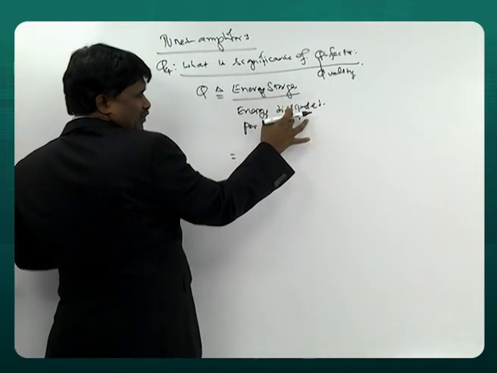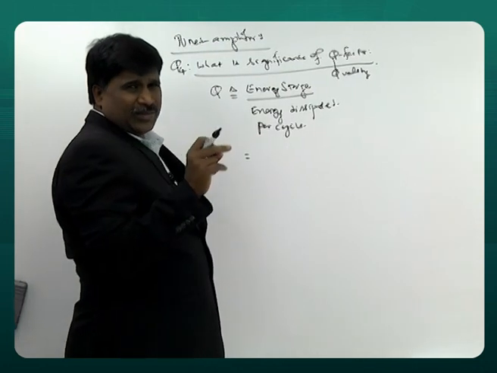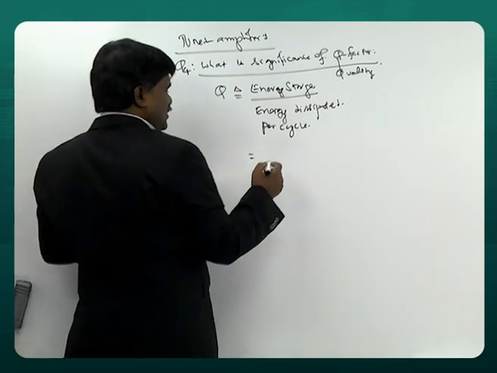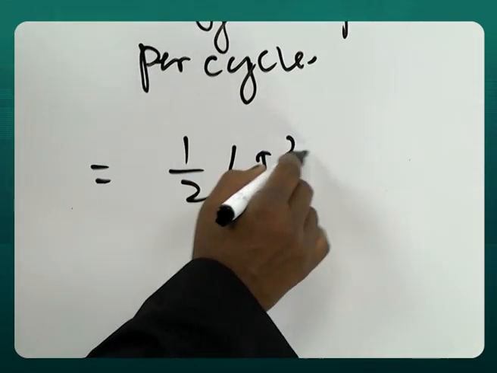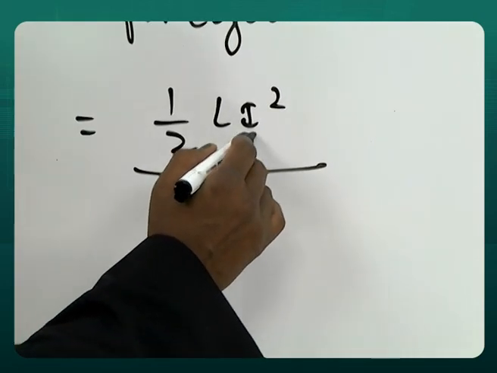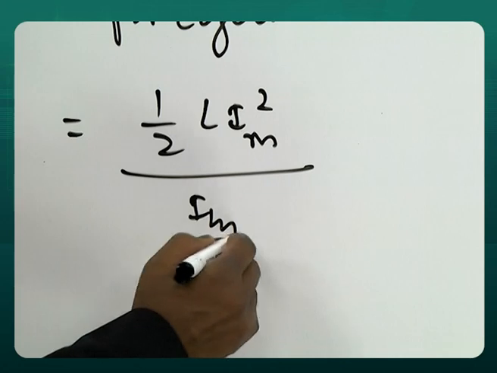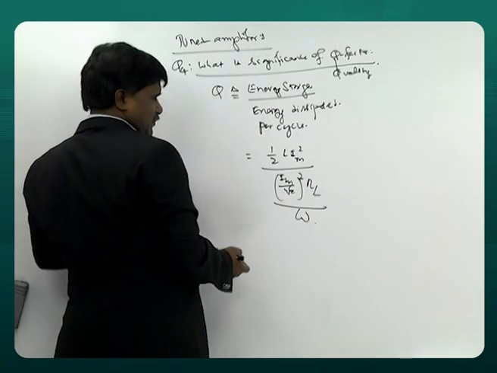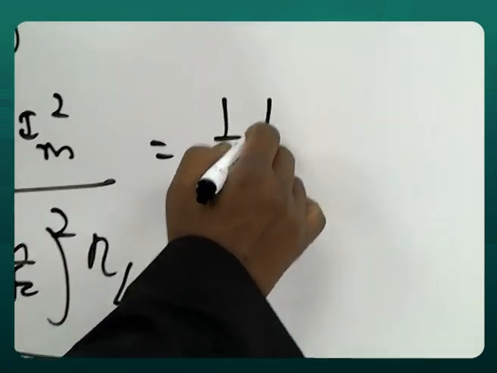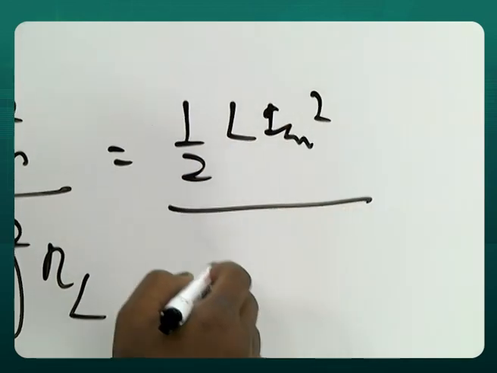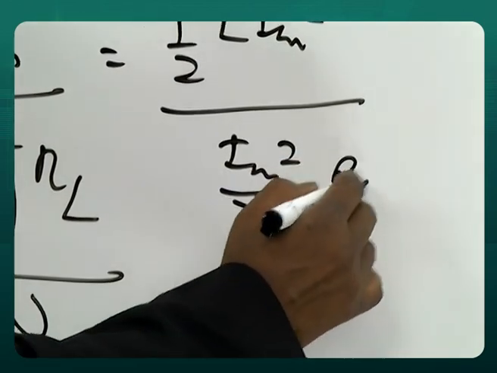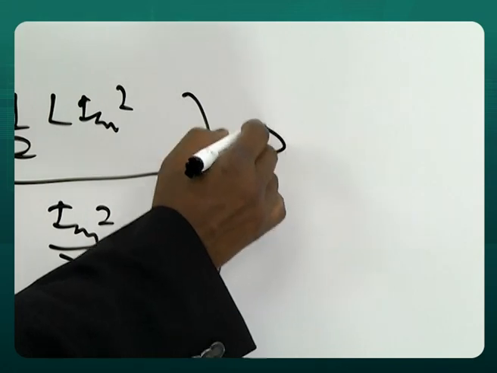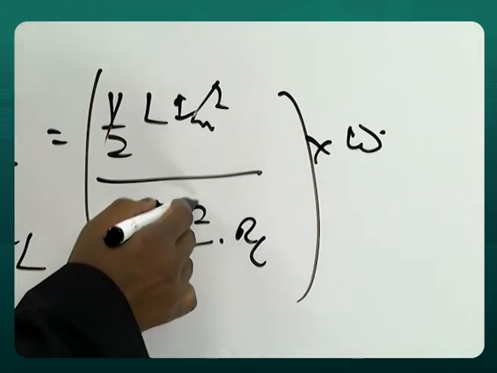Because dissipation is power. Power is for periodic. Periodic is for cycle. That's why energy. This is half Li square by, say, Im. Im by root 2 whole square into RL by omega per cycle. If you write it half Li square by Im square by 2 RL by omega means omega will go up. Half of cancel, LL cancel.